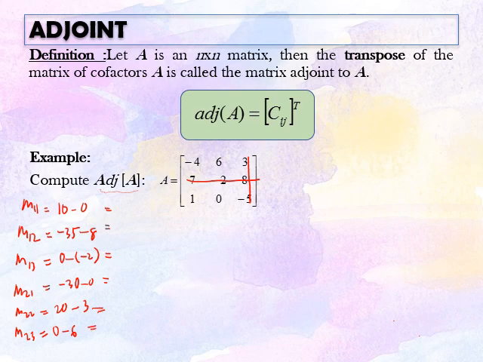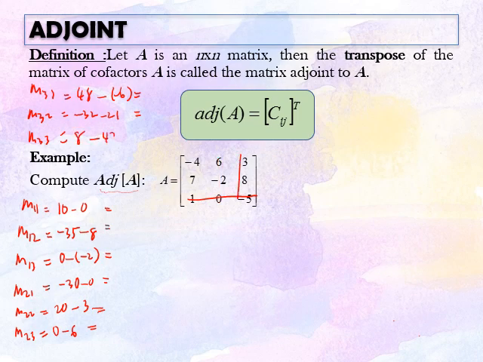Okay, so where do I have to write this again? Here, M31, M32, M33. So M31, row 3 column 1, will be 48 minus negative 6, right? And then M32 will be negative 32 minus 21, and M33 is 8 minus 42.